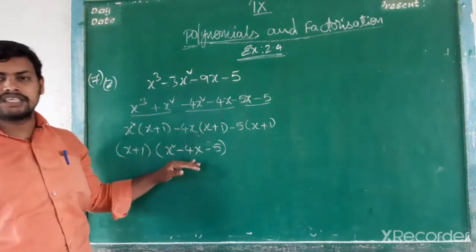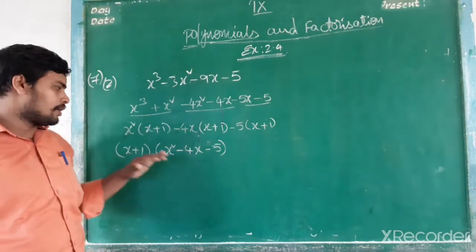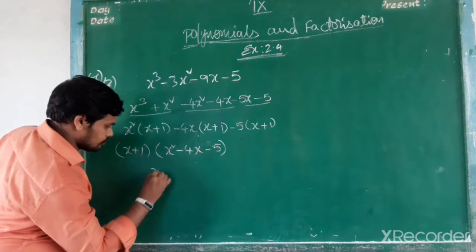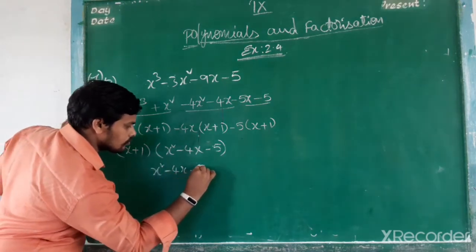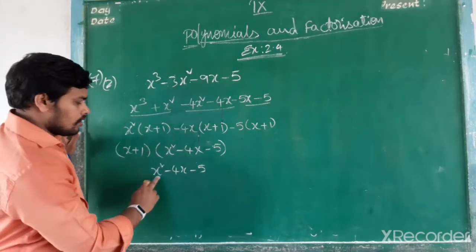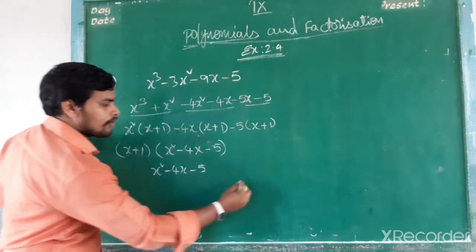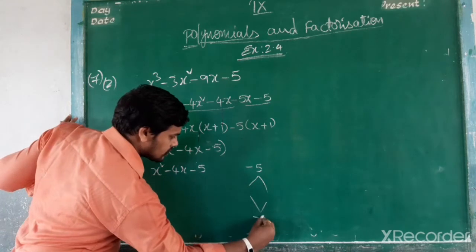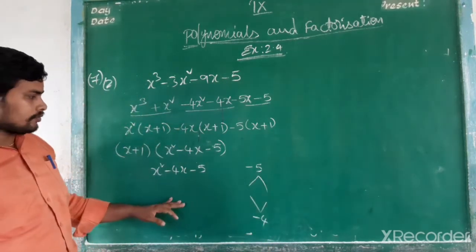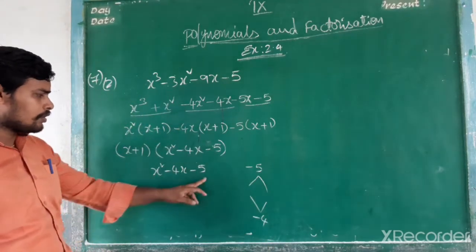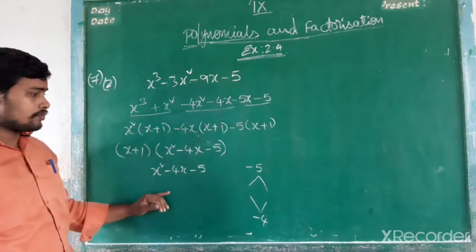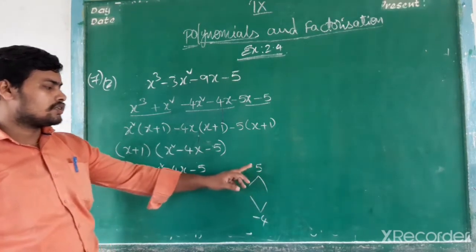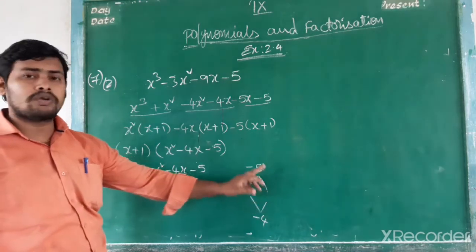Now factorize this particular quadratic polynomial. So what is the coefficient of x square? It is 1. 1 into minus 5, minus 5. And the result is minus 4, if we add. What are those numbers? If we multiply two numbers, the result is 5.